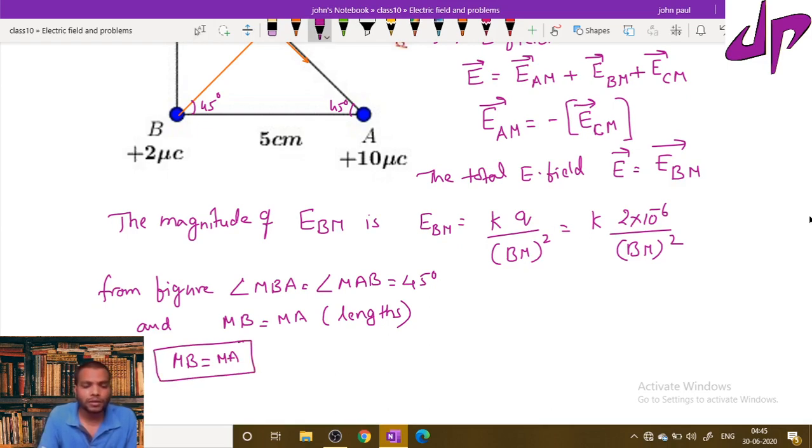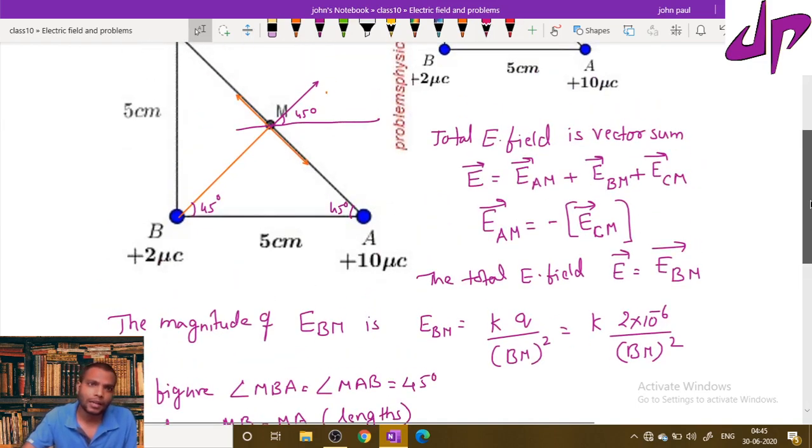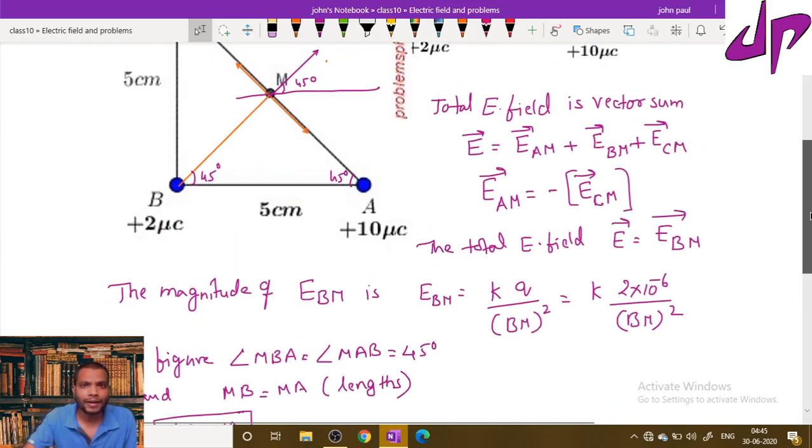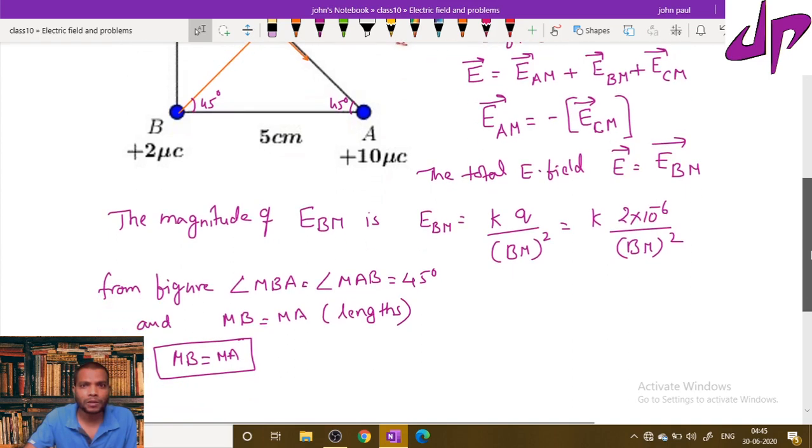Now take right triangle MAB and apply the Pythagorean theorem.